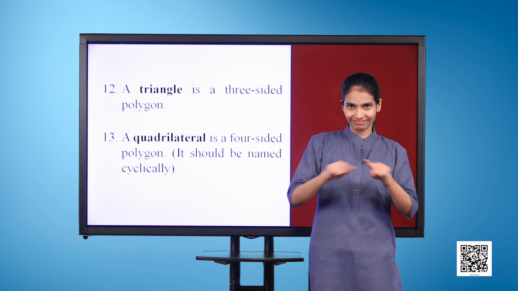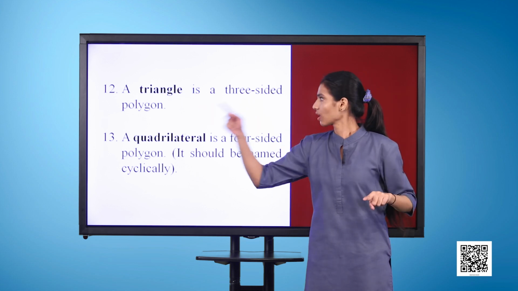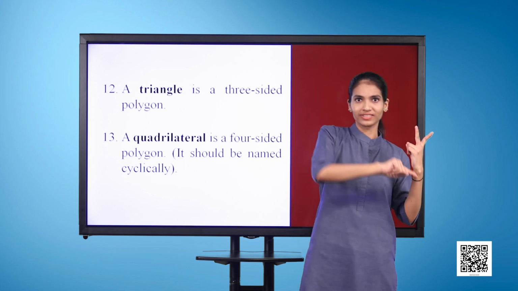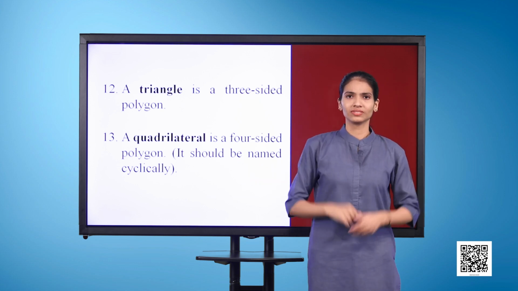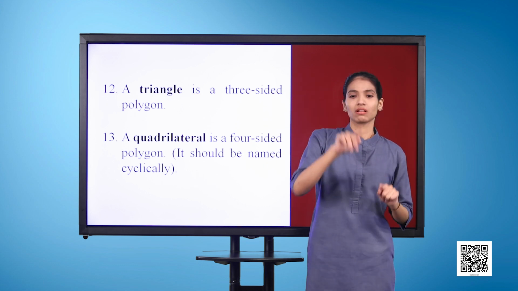A triangle is a 3-sided polygon. 13. A quadrilateral is a 4-sided polygon. It should be named cyclically.